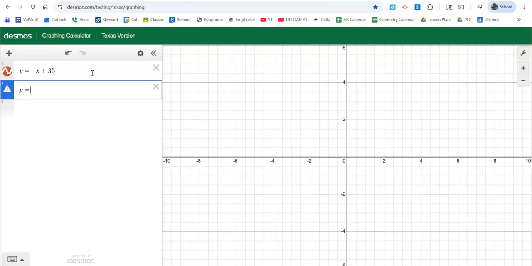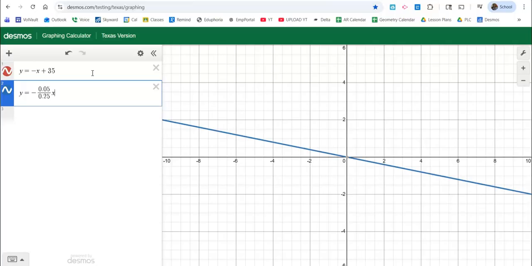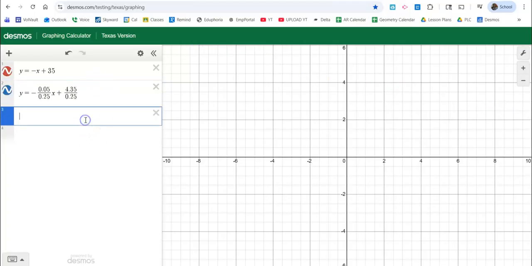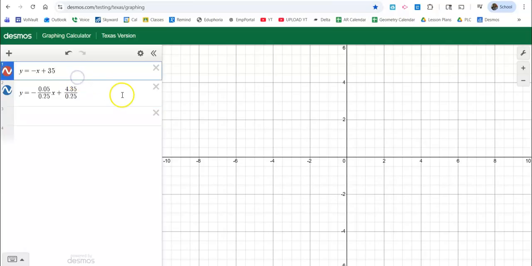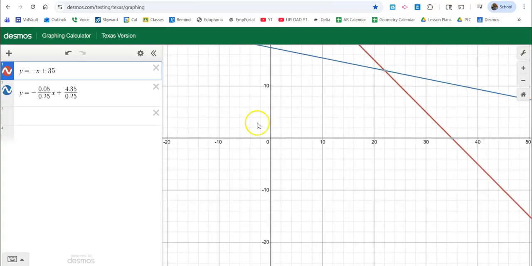And negative 0.05x plus 4.35. Now, when I type those two equations in, I don't see it. I got to zoom out. Zoom out.